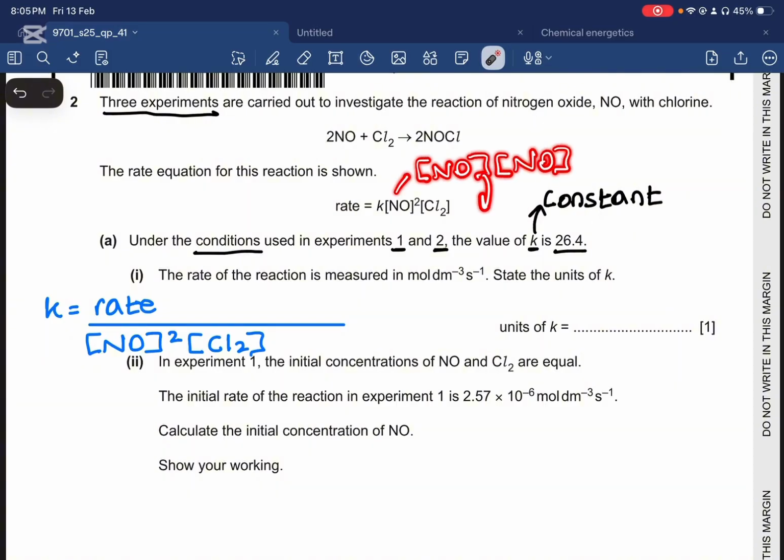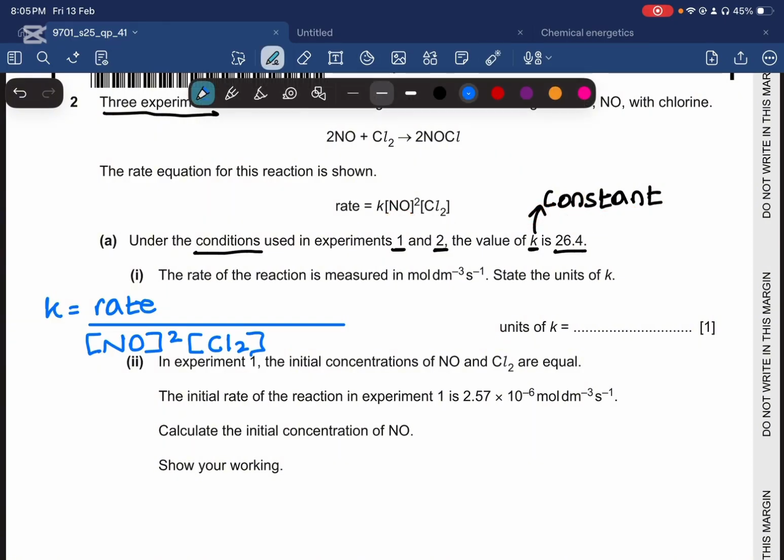Every single bracket means mol dm^-3. So two brackets means two times we're going to write down mol dm^-3, and one time here. So in total, we're going to write down mol dm^-3 three times. That's our denominator: mol dm^-3 times mol dm^-3 times mol dm^-3.